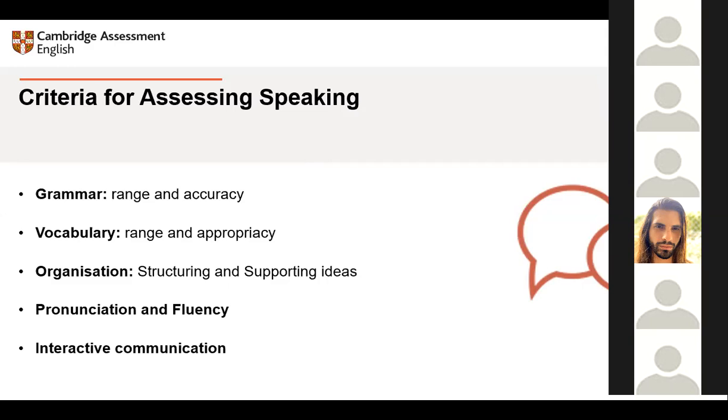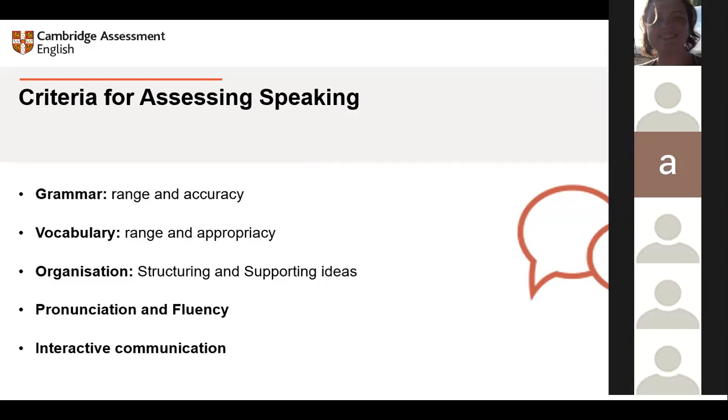For each of those things that we need to develop with our learners, when we're thinking about the remote context, we have to make do with what we have. In some cases, you might be able to develop interactive communication skills because you can, for example, put students in breakout rooms.